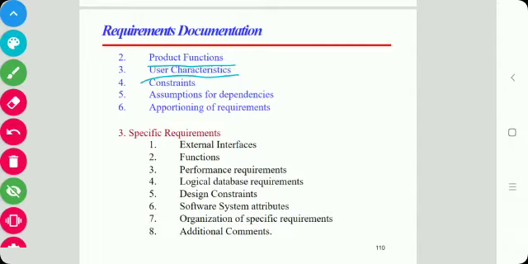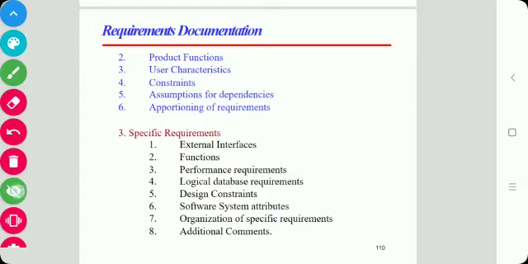Then constraints specify the constraints of the software product, like regulatory policies, parallel operation, audit functions, control functions, and higher order language requirements. All these constraints are specified here. Then assumptions and dependencies, what the assumptions are and what the dependencies are, and apportioning of requirements.